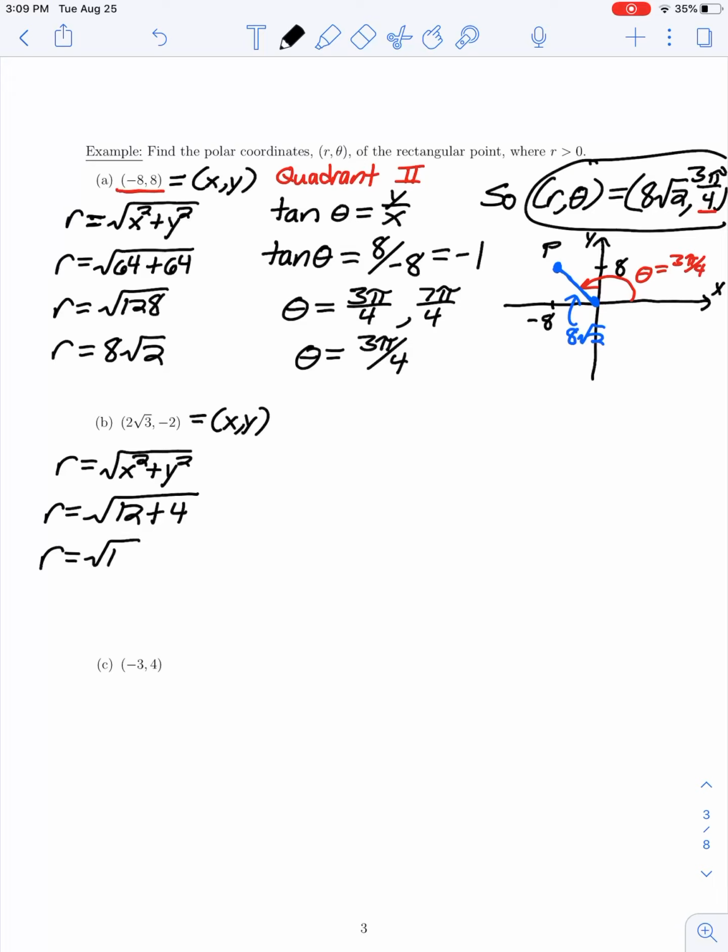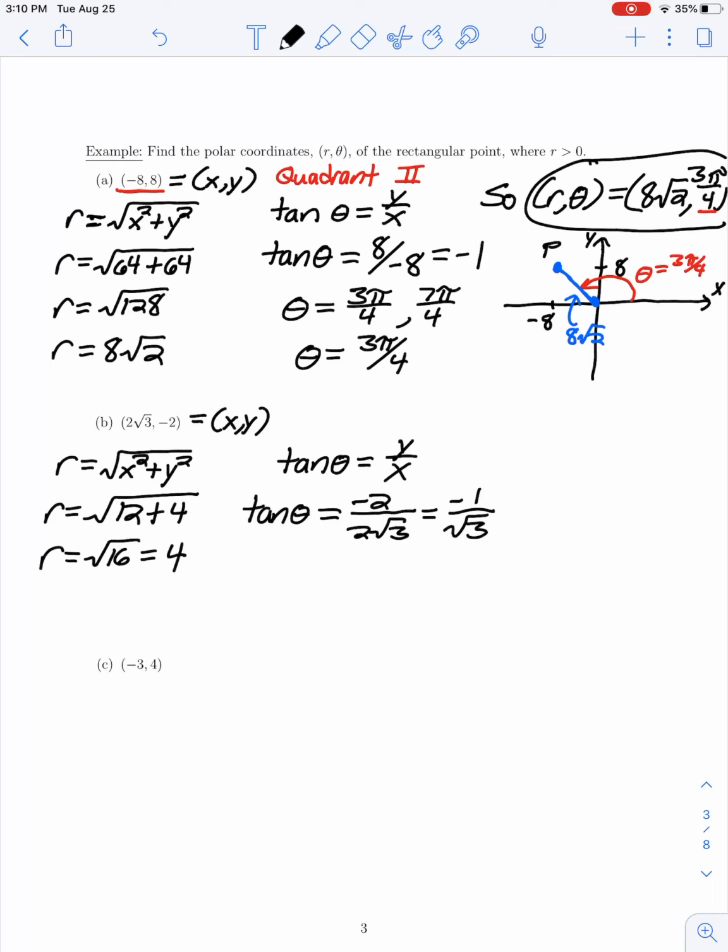So r is then root 16, or 4. Now to find our theta value, we would use the fact that tangent of theta is equal to y over x. So here, tangent of theta would be equal to -2 over 2 root 3, or -1 over root 3.